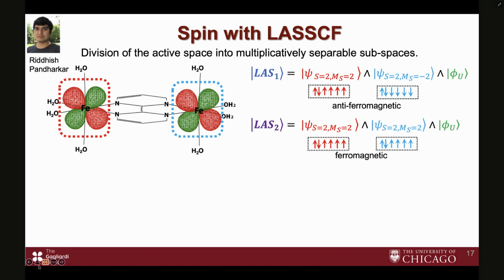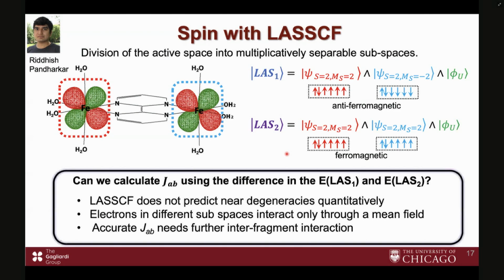Okay, great. The other thing that we can do is, for example, if we think about dividing the active space into these multiplicatively separable subspaces, we could have, for example, a LAS state where we have antiferromagnetic coupling, or we could have a LAS state with the ferromagnetic coupling of the two states.